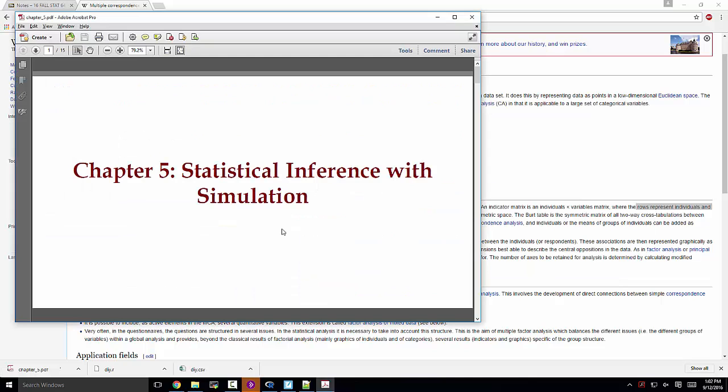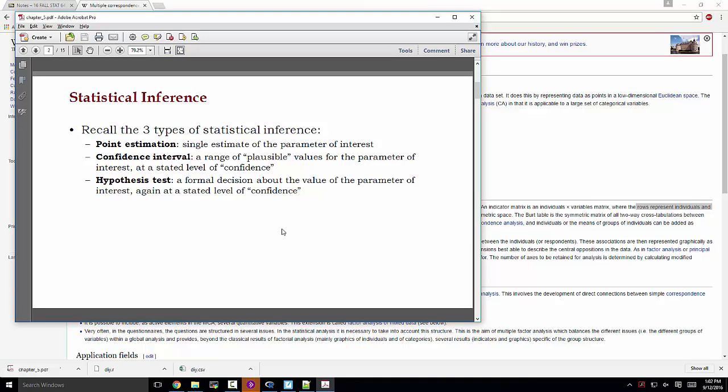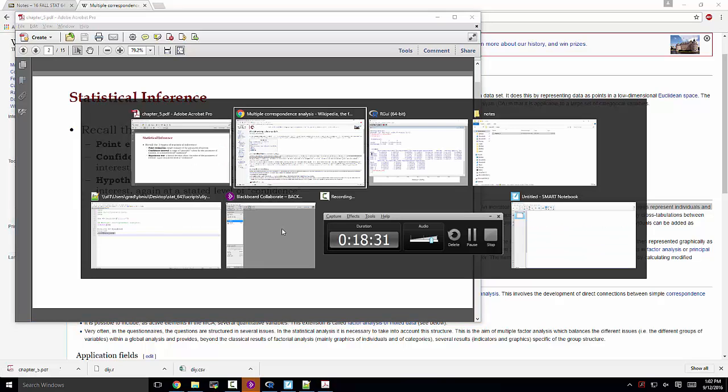Okay. So statistical inference. I guess you could say that one of the primary reasons to learn statistics is to enable statistical inference. Inference is what we do when we have a sample from a population and there's a parameter in the population that we wish we could estimate.